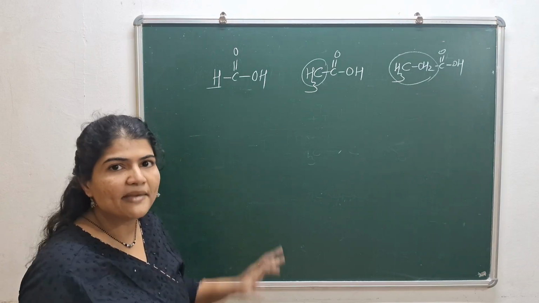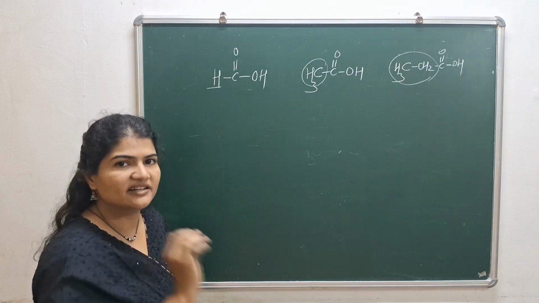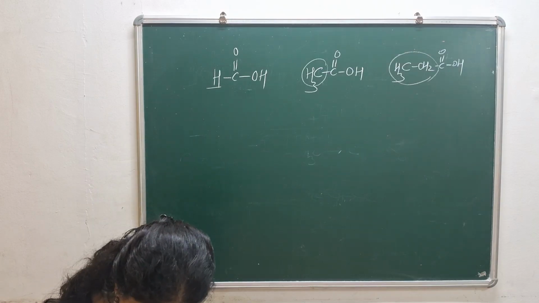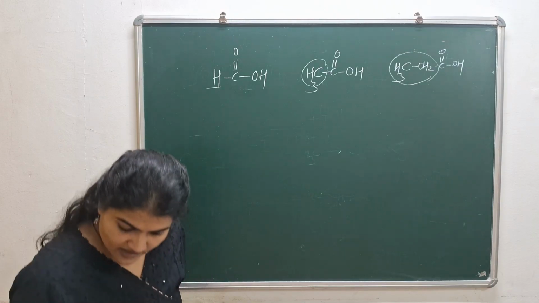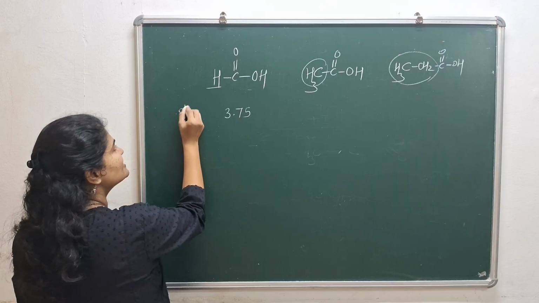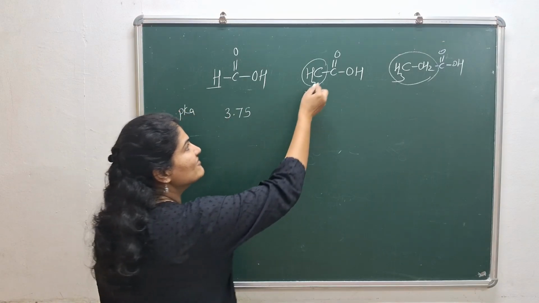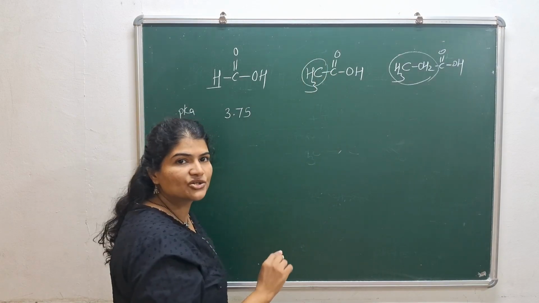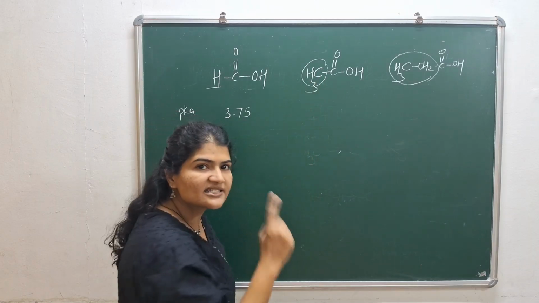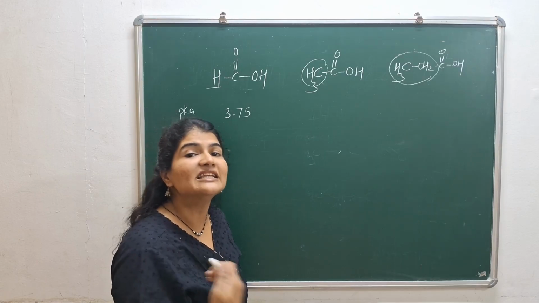Now let us come back to this example. As we know, formic acid will have a certain acidity. I will tell you the pKa value for formic acid. Formic acid has a pKa of 3.75. Now, whenever a methyl group is attached on the alpha carbon, what happens? This methyl group exerts the positive inductive effect because alkyl groups are electron releasing.